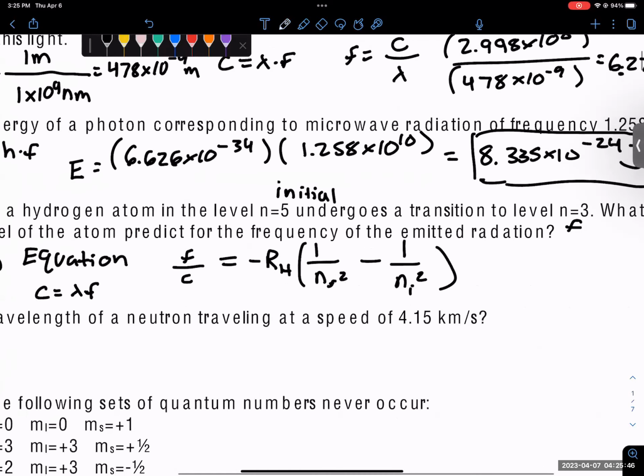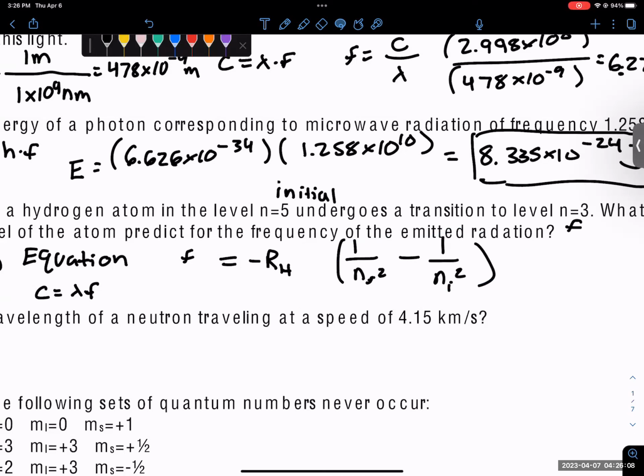And if you multiply both sides by the speed of light, so multiply both sides by c, that cancels that. And you should get a final equation that looks like this. And we're going to put the c here in the middle.